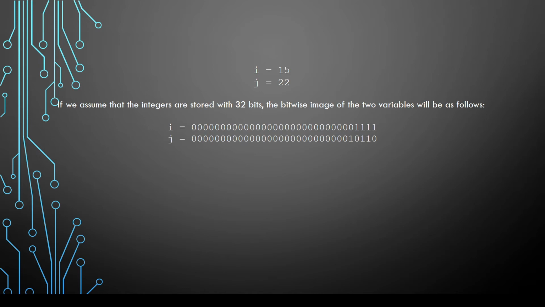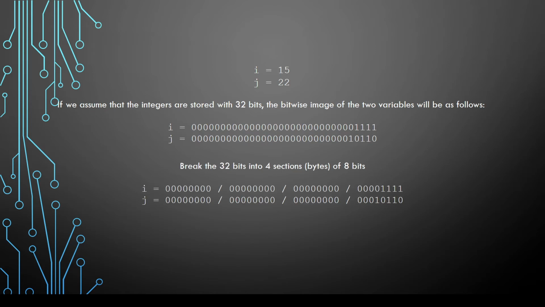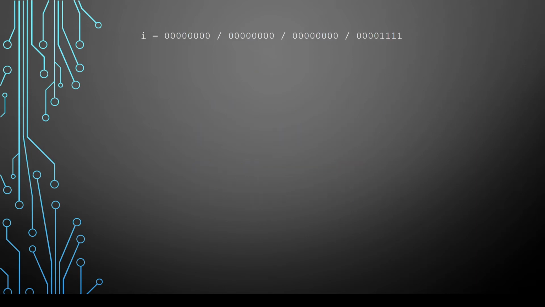This is how you read binary, or how you convert these 1s and 0s. You have to break these 32 bits into 4 sections, or bytes, of 8 bits. There are 8 bits in a byte, and you make 4 of those out of the 32 bits. So we'll start with i.